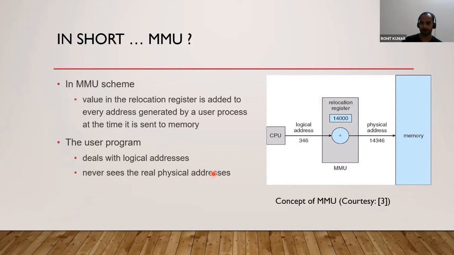Anyone? Is it because the MMU is an intermediate between the values?